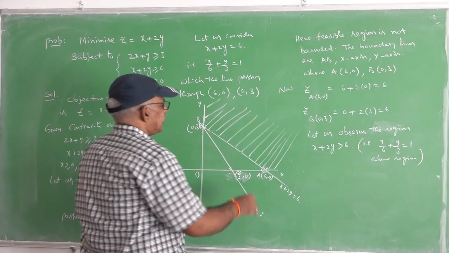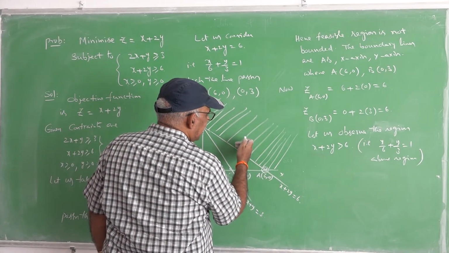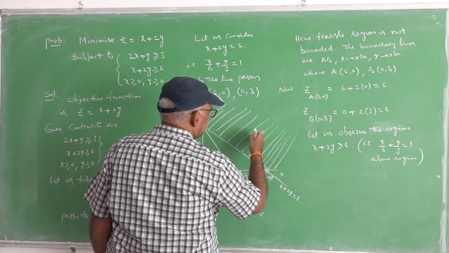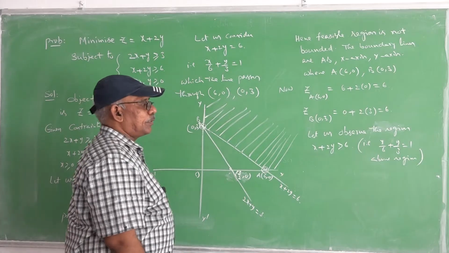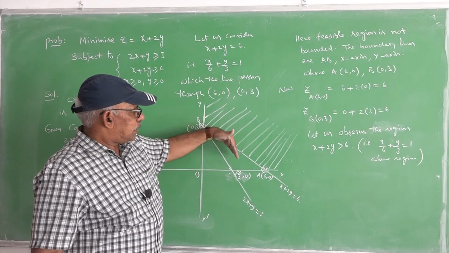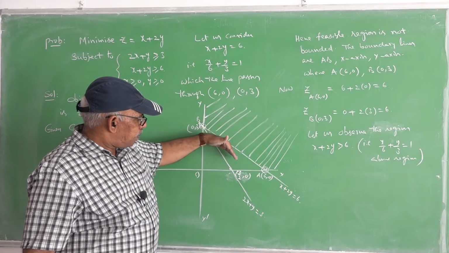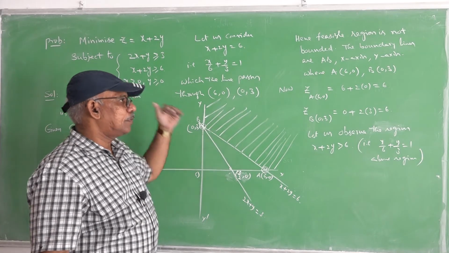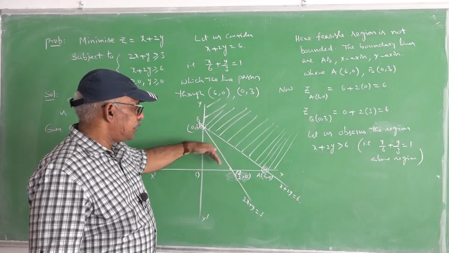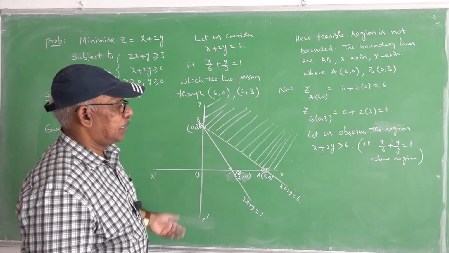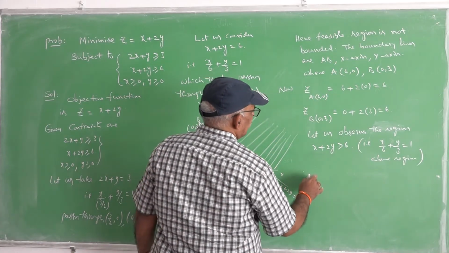Once you draw this line, the other points are above that region. In the feasible region, the other points are never below this value 6, that means never below this line x plus 2y equal to 6, and 6 is the minimum value.